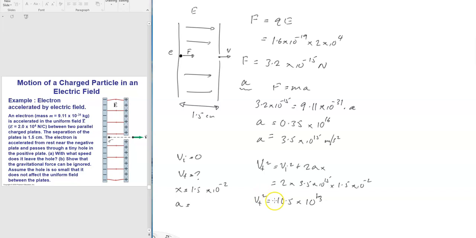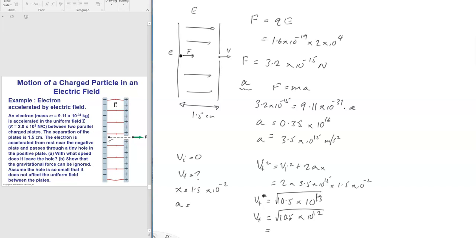This is V final squared. V final is the square root of that. How do I get the square root? I'm going to do a little trick here. I'm going to write it as 105 times 10 to the 12. I'm going to move the decimal point once, and I will use one of the tens for that. Now I can take the square root. Now I need to find the square root of 105.